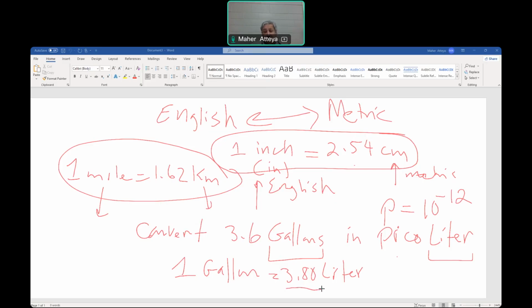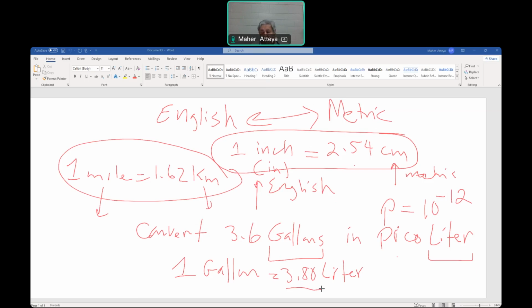You have to look into the conversion tables or charts to see what country you are dealing with, whether it's an American gallon, Canadian gallon, Australian gallon, or British gallon.